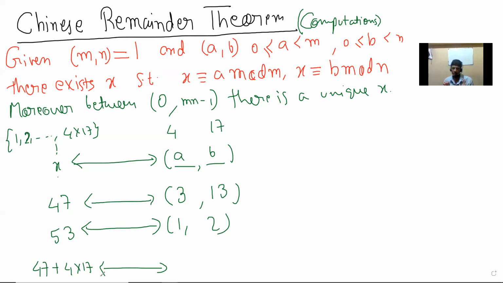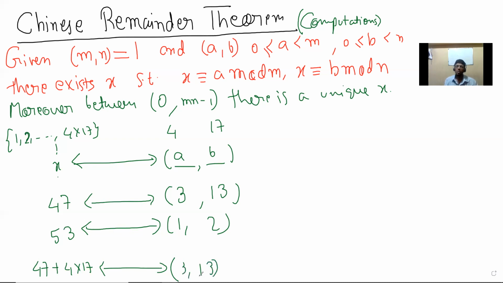Okay, there is a difference, but if you are only interested in remainders when divided by 4 and 17, not just by 4 but both, equally, then these two numbers, 47 and 47 plus 4 times 17, are the same thing. Because if we consider remainders, this will obviously go to the same thing.